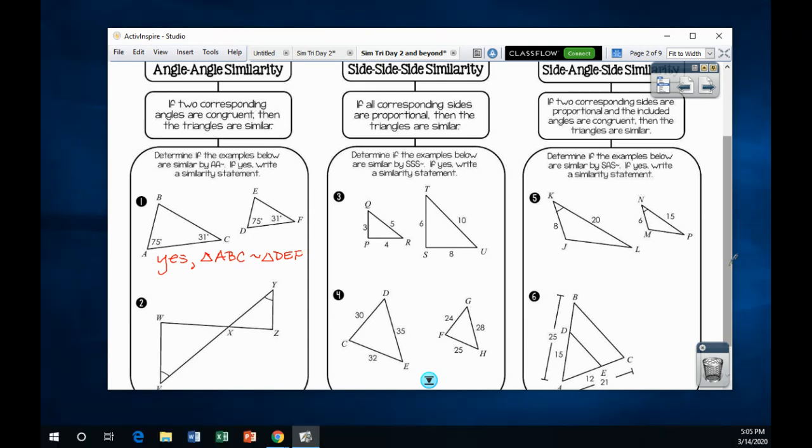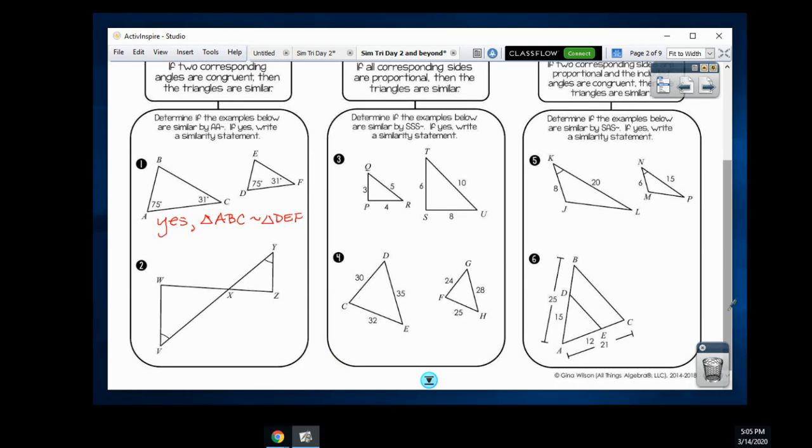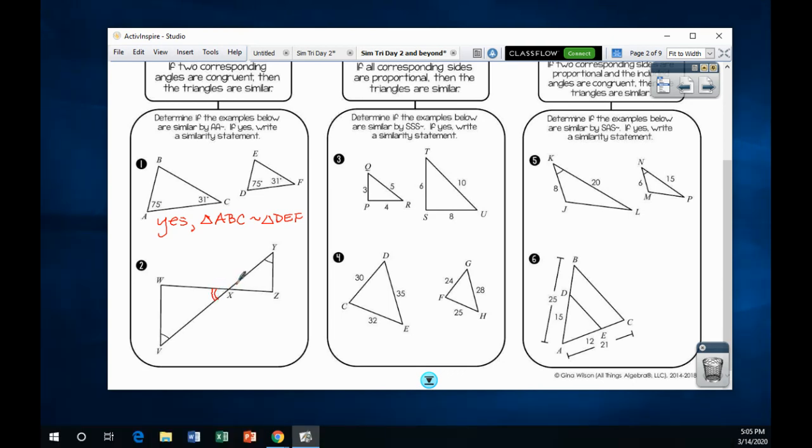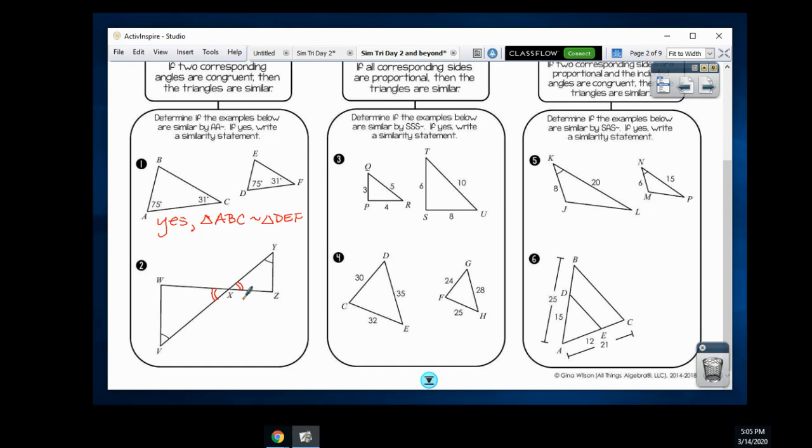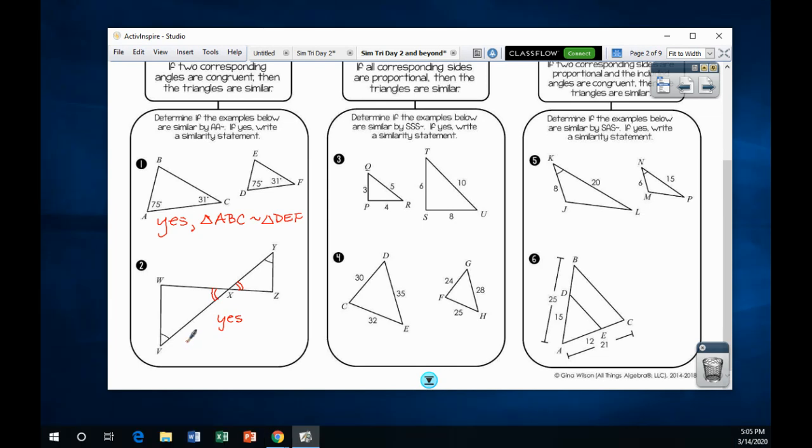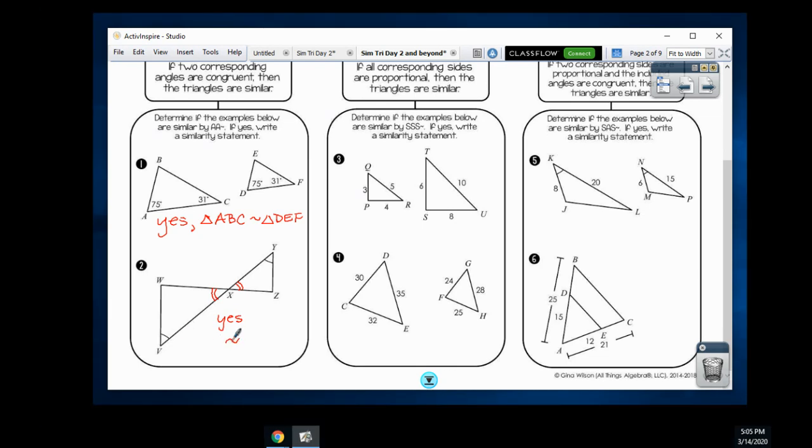Check out number 2. We have just 1 pair of angles marked as being congruent, but right here, our good old vertical angle friends, we know that those 2 are also congruent. So this is also a yes. These 2 triangles are similar. All right, so there's my similarity statement. I'm going to say triangle something, something, something is similar to triangle something, something, something.